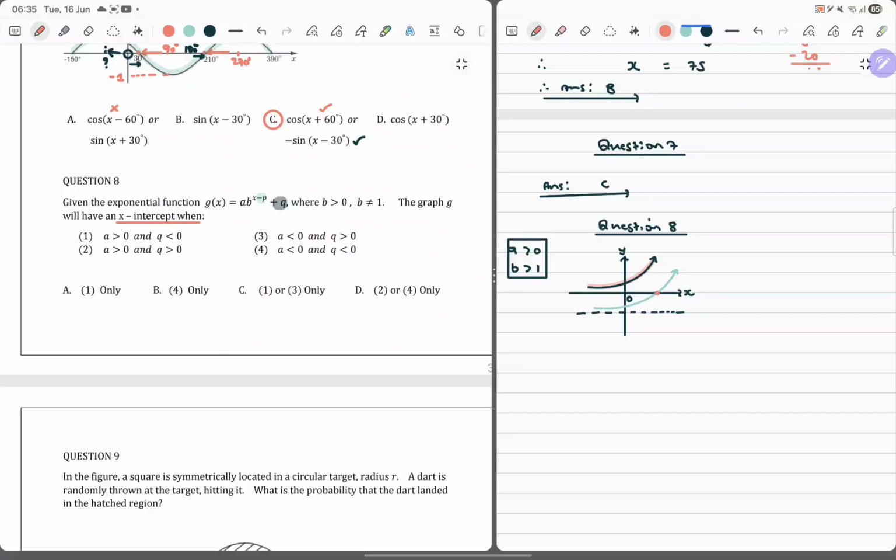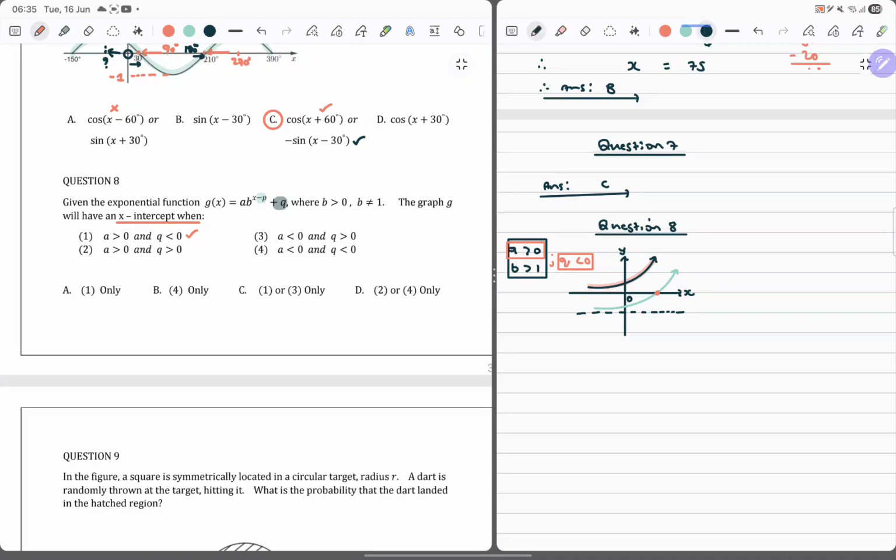And we can see that we start to register an x-intercept. So this will happen when q is less than 0. So now the two things that answer the problem is when a is greater than 0 and q is less than 0, seeing that the options are talking about a and q. So this is valid. We have proven it, that it is so.